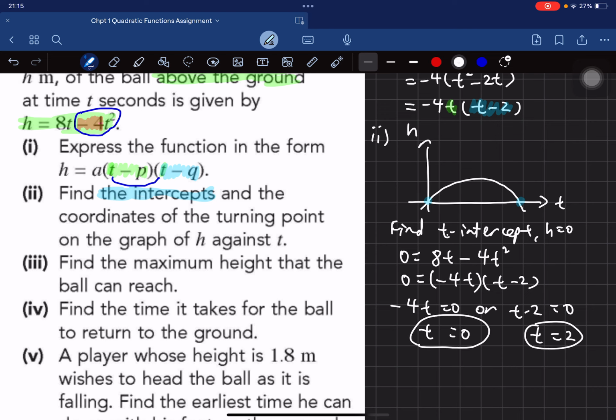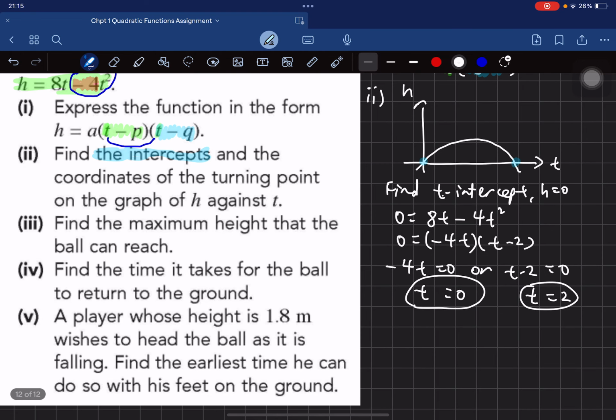The next part asks us to find the coordinates of the turning point. There are two choices: students can straight away find it using the factorization method, or you can complete the square. I let you all decide. Personally I chose the complete the square method, but maybe I'll use the factorization method first.